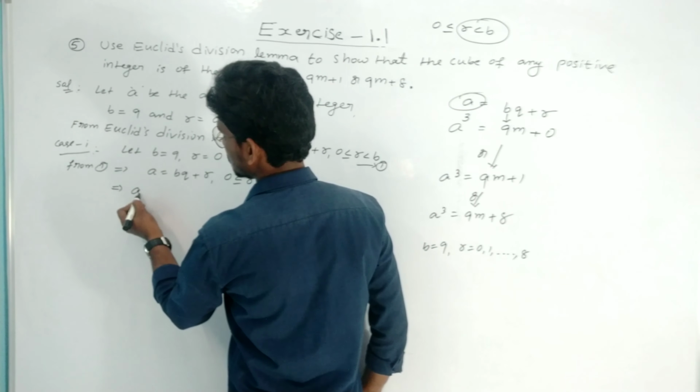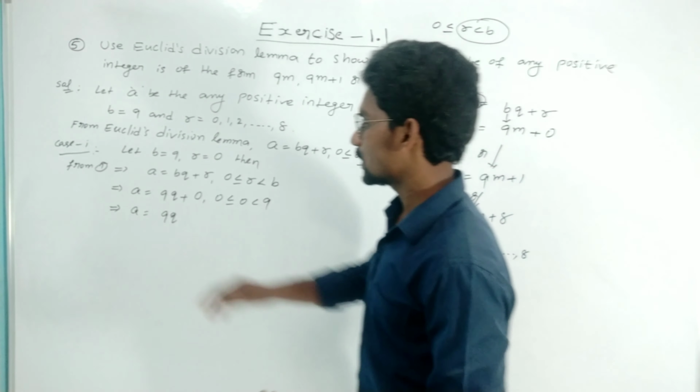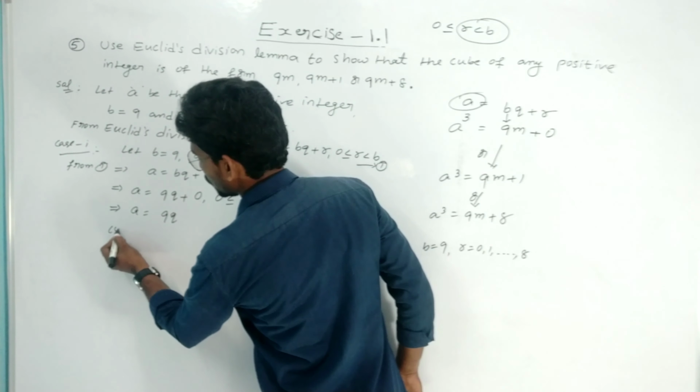Now a is equal to 9 into q plus 0, where 0 is less than or equal to r, r is 0, and b is equal to 9. That implies a is equal to 9q, where a is any positive integer but we want the cube of a positive integer. That's why we take cubing on both sides.